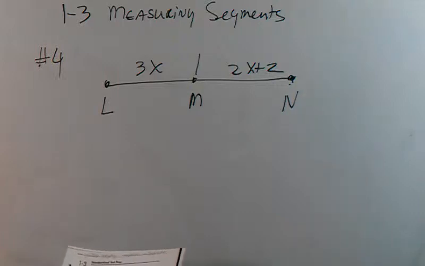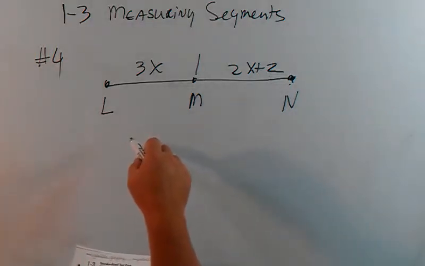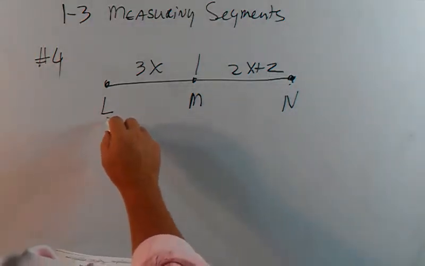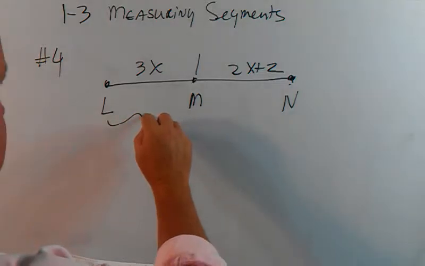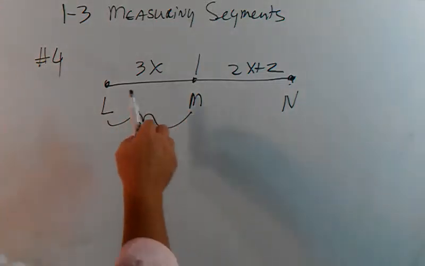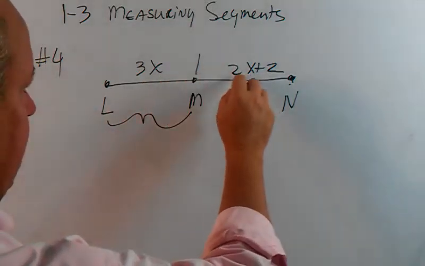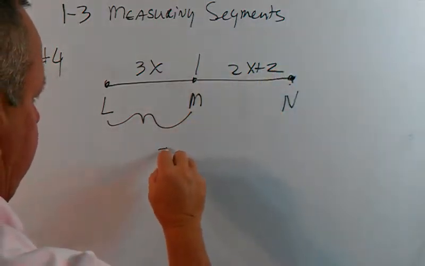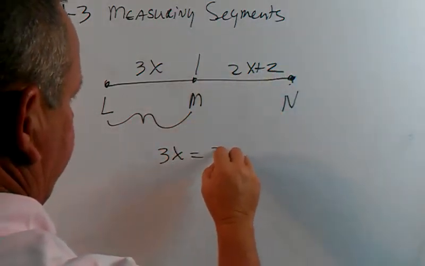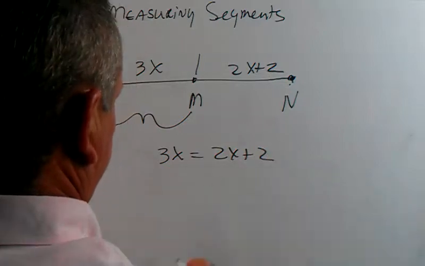So how would we set that equation up? It says M is the midpoint. What is LM? That guy. So these two are equal, 3x and 2x plus 2, so we're going to set those equal. 3x is equal to 2x plus 2.